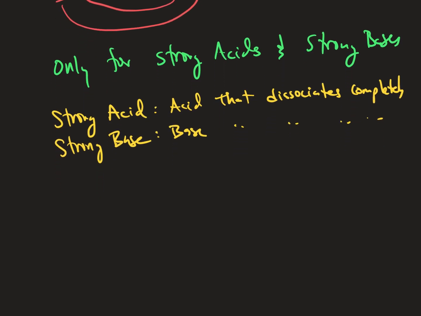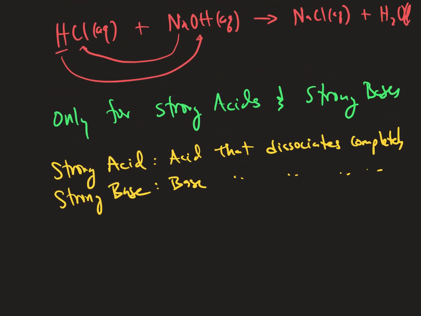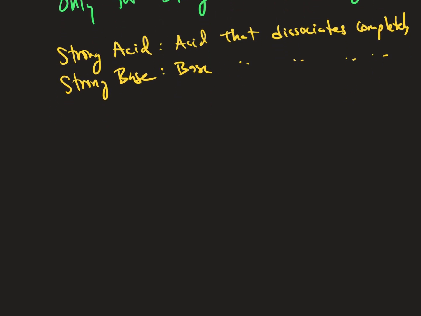All right. So let's just start with the definition of an acid and a base. So an acid is a proton donor. What do I mean by proton? You know what a proton is, right? What's an H plus ion?